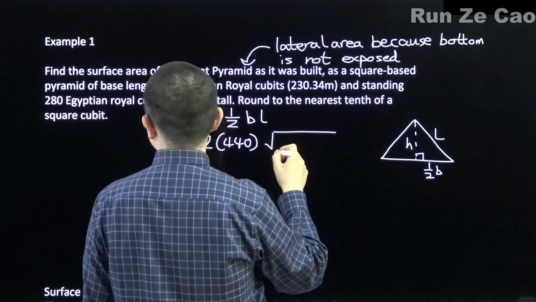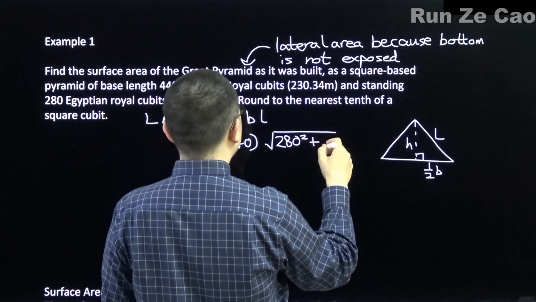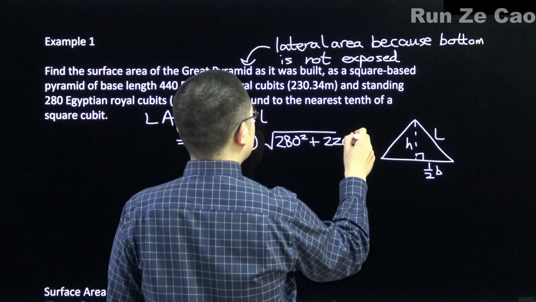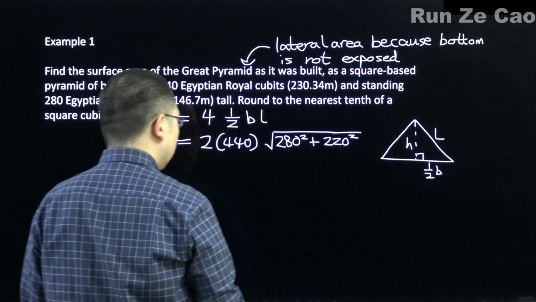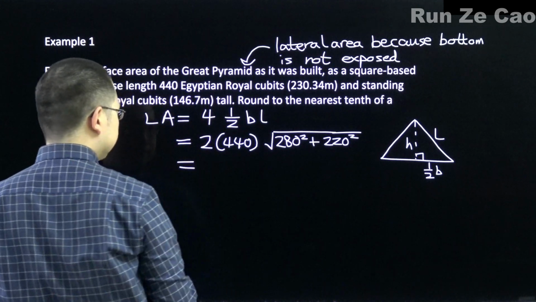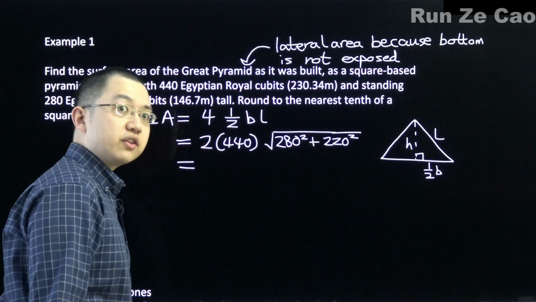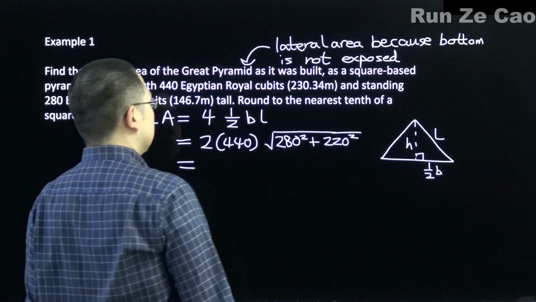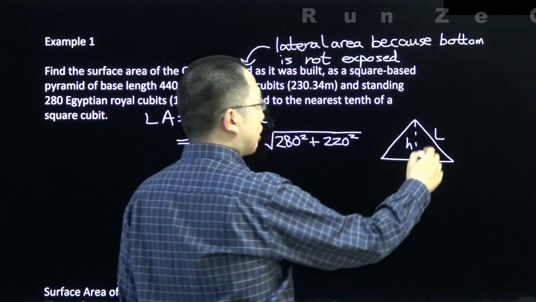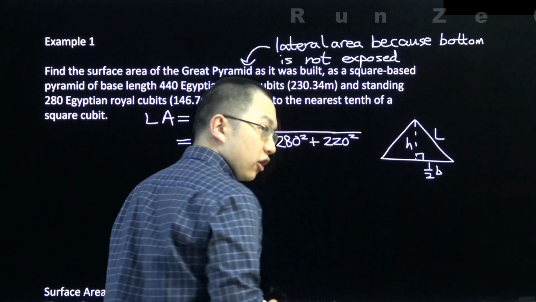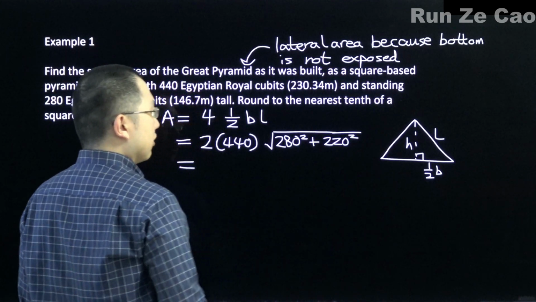So 280 Egyptian royal cubits squared plus 1/2 of 440, so 220 squared. You might want to just put 440 over 2 and then bracket squared, just to make it clear what you're substituting. But yeah, you sometimes have to derive the slant height for yourself. This slant height represents the actual height of the triangle that makes up the face of the pyramid. Like this is a cross-section down the middle of the pyramid.